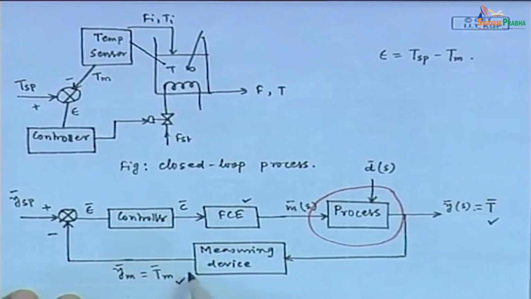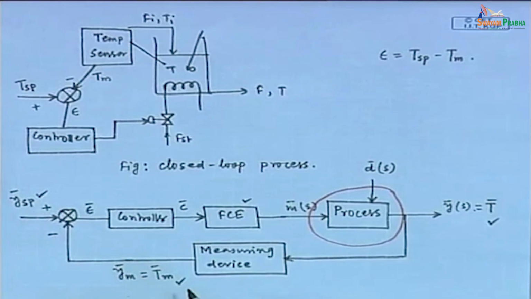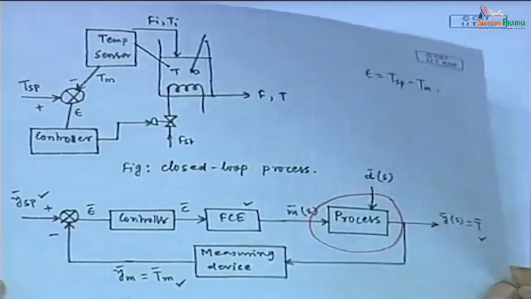Sensor output is T suffix m, that is measured temperature. Then that measured temperature is compared with its set point value. Comparator output is represented here by epsilon. That information goes to the controller, and using that information controller calculates the control action. Then the control action is physically implemented through this final control element. So, this is a closed loop block diagram of a process.